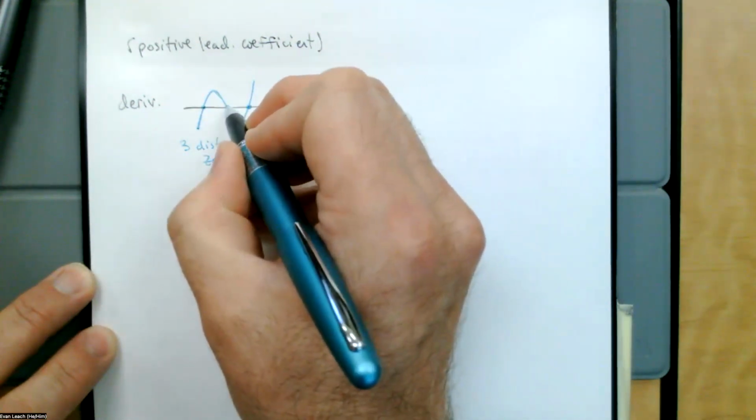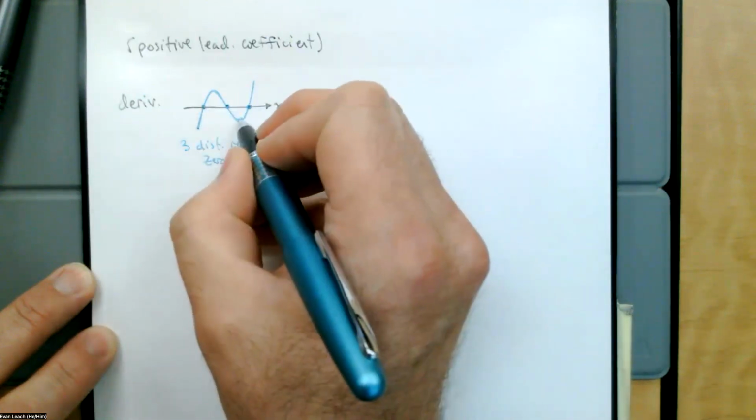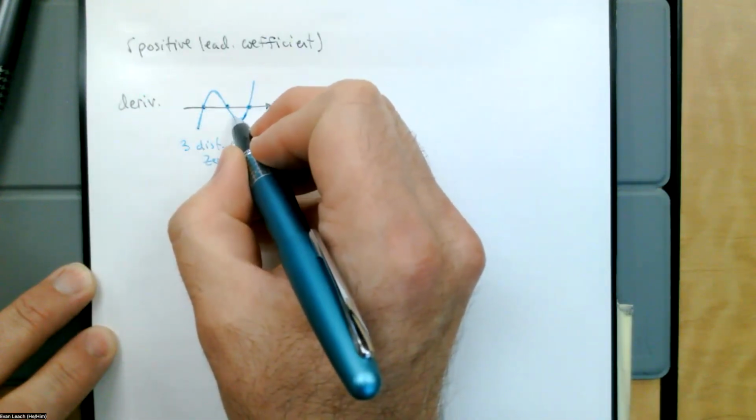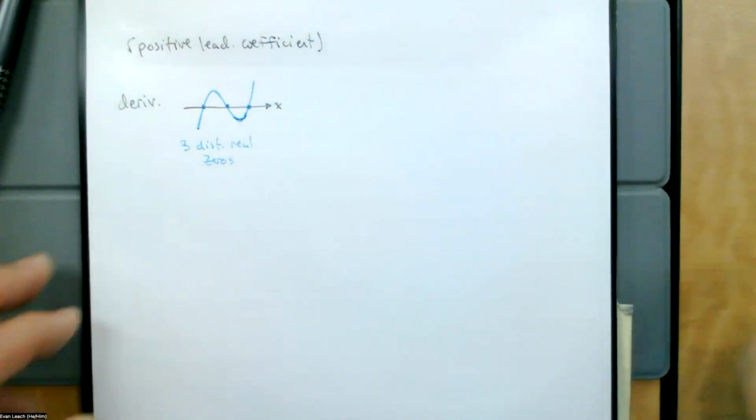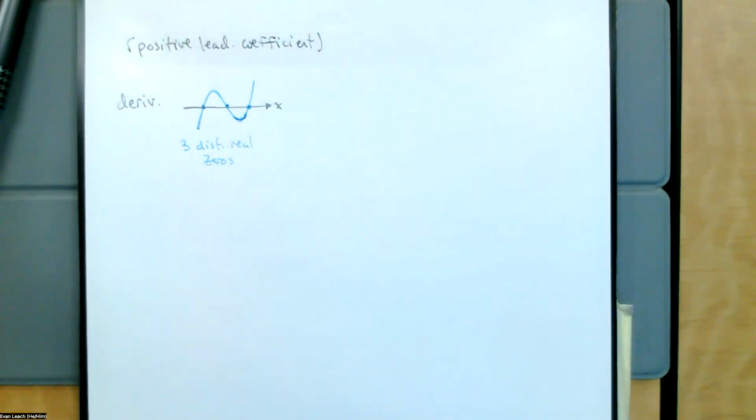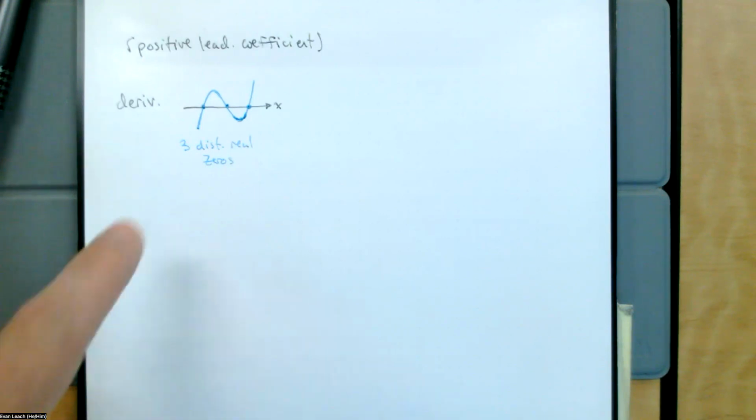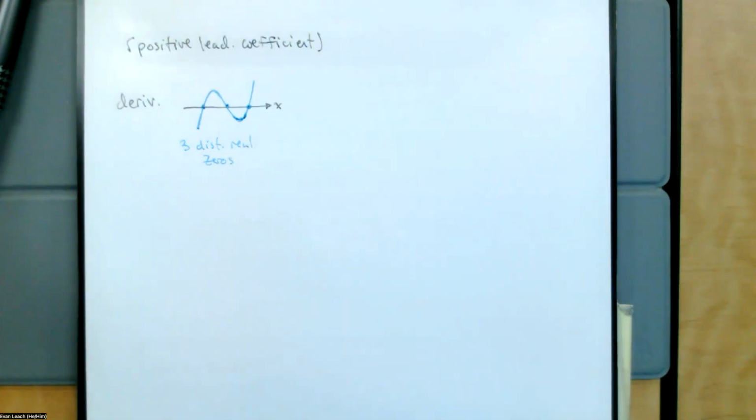Now, at each of those 3 real zeros, we can see that the function is going to be changing direction. That first one, the derivative goes from negative to positive. So the function changes from decreasing to increasing. The second one, the derivative goes from positive to negative. So the function changes from increasing to decreasing.